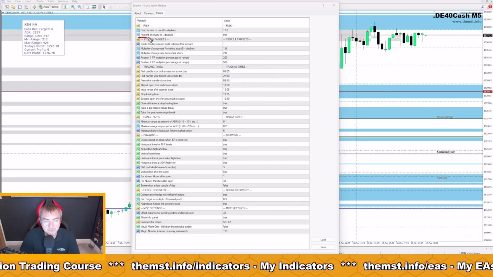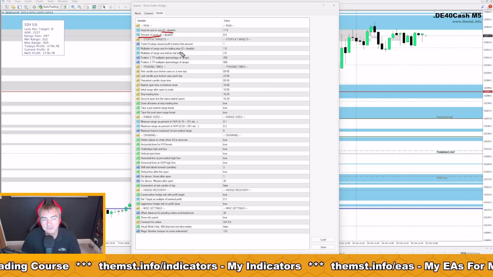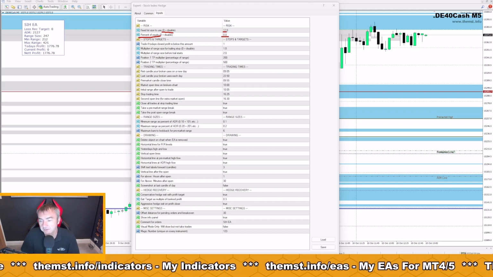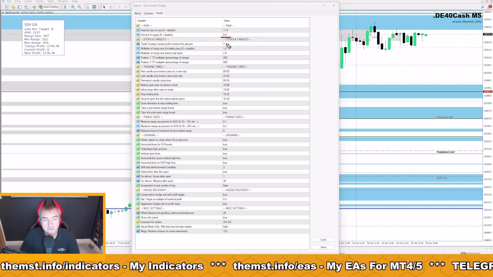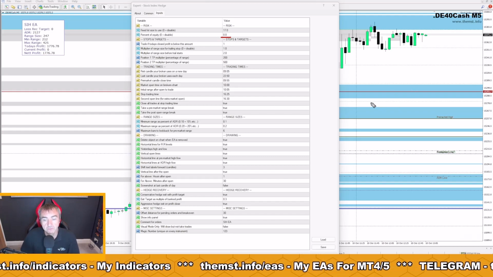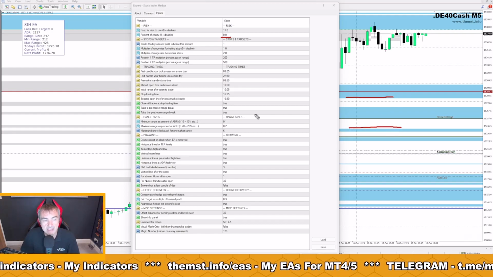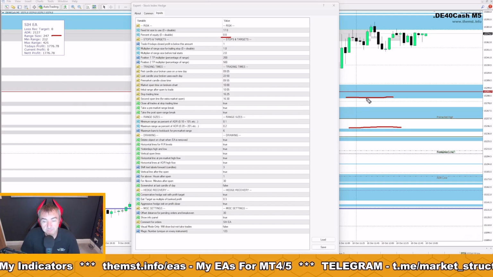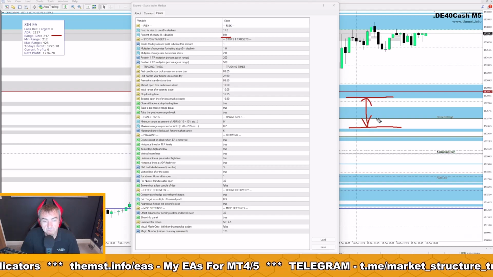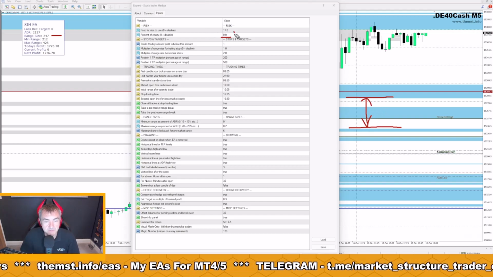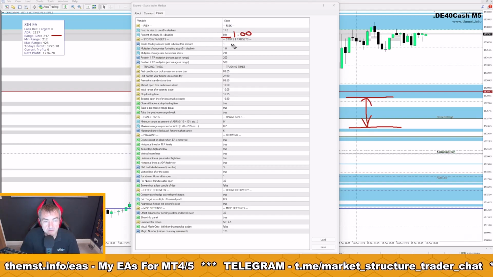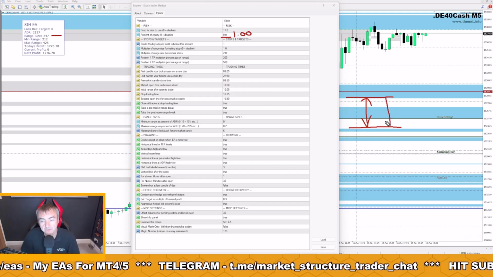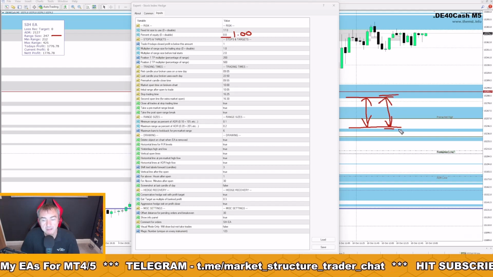The other option you've got is percent of equity. And as you can see here, it's 0 to disable. So I have this one set as 0 and 17 set as my fixed lots that I'm going to use. But this will risk a percentage of your equity based on the range. So if the range is 247 in this case, and you put 1 in there, it will calculate 1% of your account equity, and it will calculate the lot size to risk exactly 1% on that range.